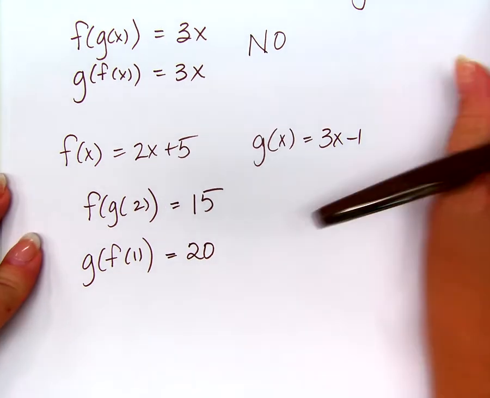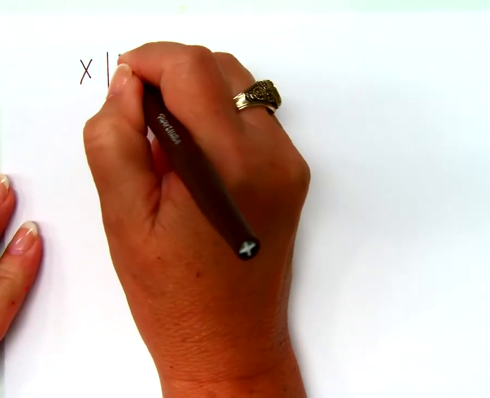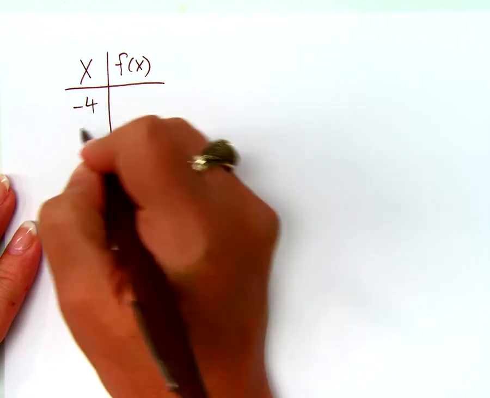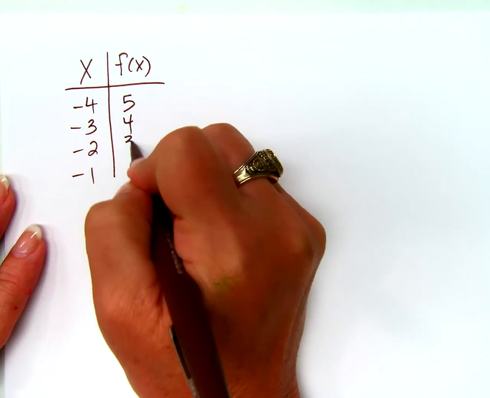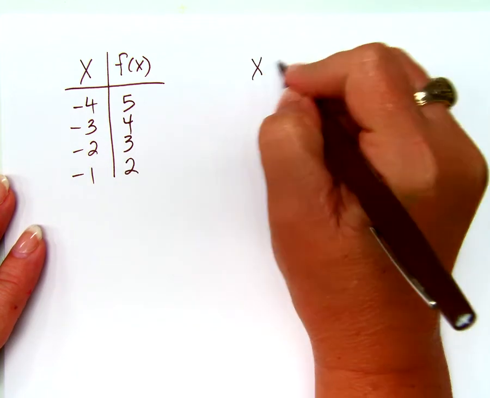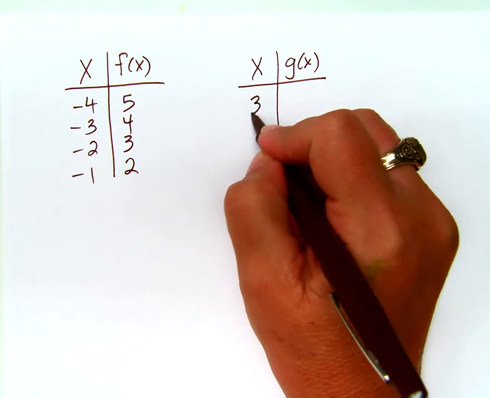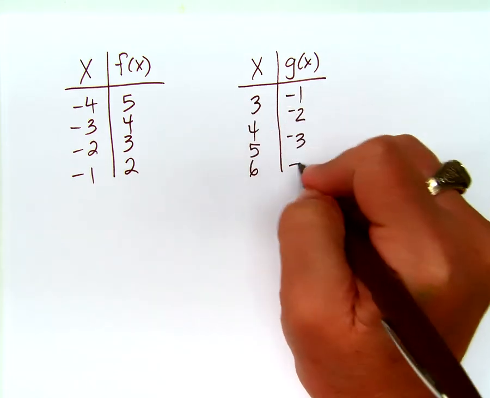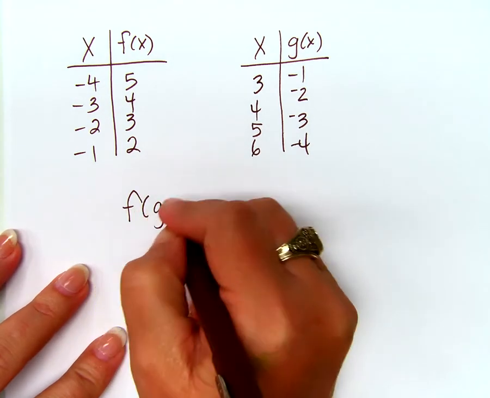There's some table questions that can be tricky if you let them. Let's not let them. I need to know f of g of 4.